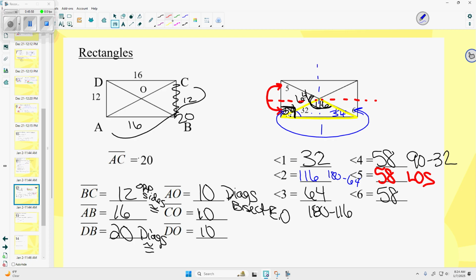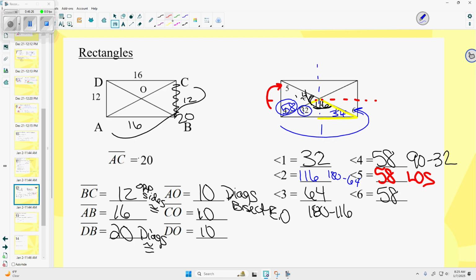All right, so when you've turned to the next page, I just want to leave this up here real quick. Do diagonals bisect the angles in a rectangle? Look right here. If I have too much stuff on there, this is 58 and this is 32. Is that angle bisected? What does bisect mean?